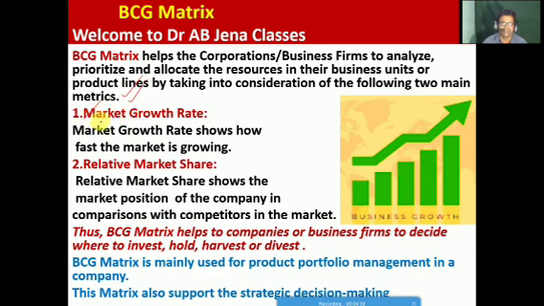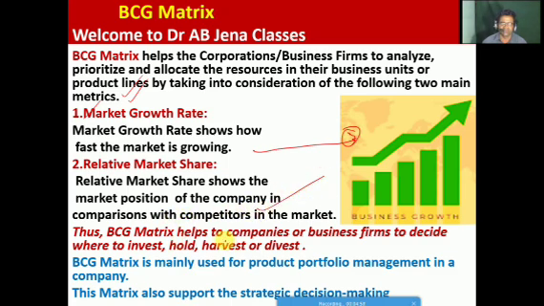The first is market growth rate, which shows how fast the market is growing. From this image you can easily know. Then relative market share shows the market position of the company in comparison with the competitors in the market.